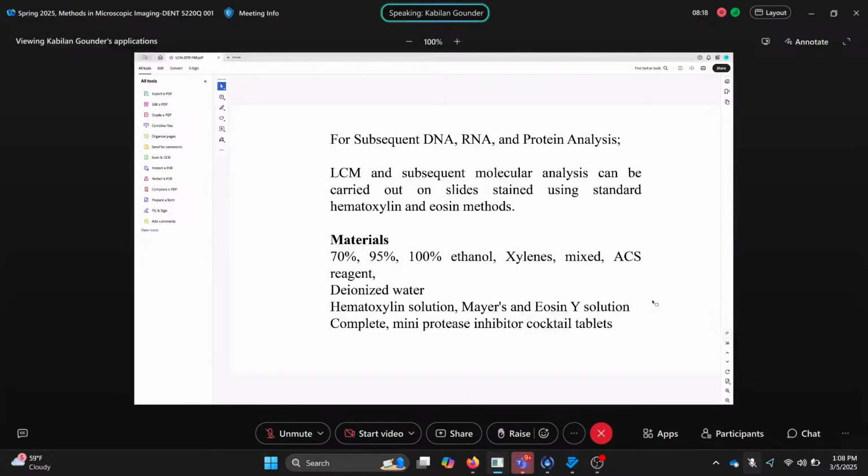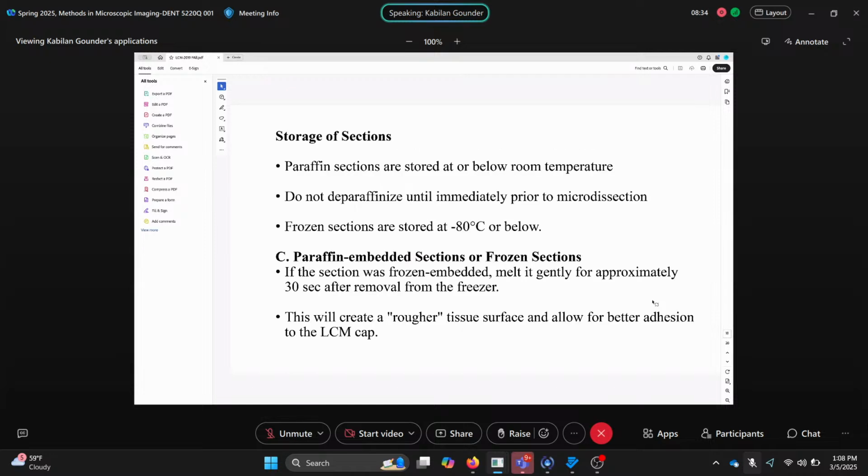That way the sectioned cells will be attached firmly to the slides. So these are the chemicals we need, which we discussed already in fluorescence microscopy and bright field microscopy. Of course, then the storage is very, very important.